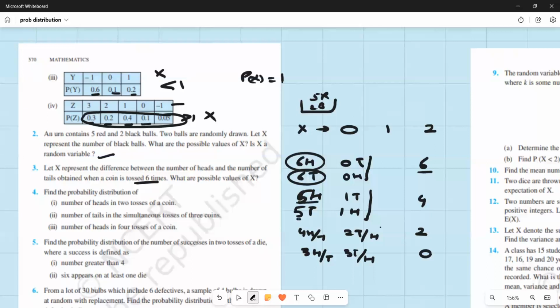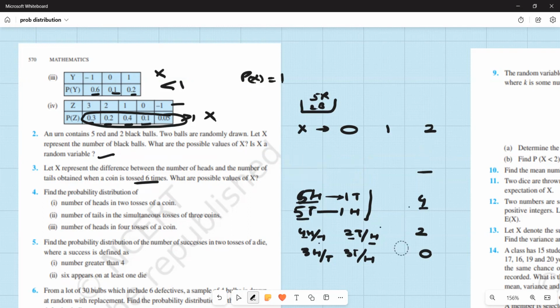If 5 heads, then 1 tail; if 5 tails, then 1 head, 5 minus 1 is 4. If 4 heads or tails, then 2 tails or heads, so 4 minus 2, 2. And 3 and 3, 0. So X is 6, 4, 2, 0. Clear?